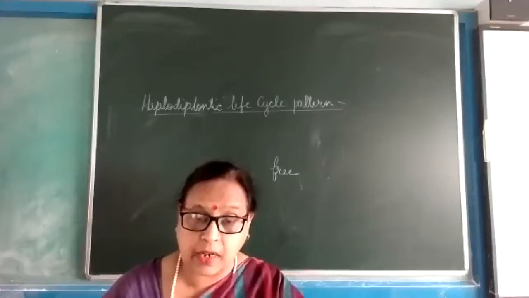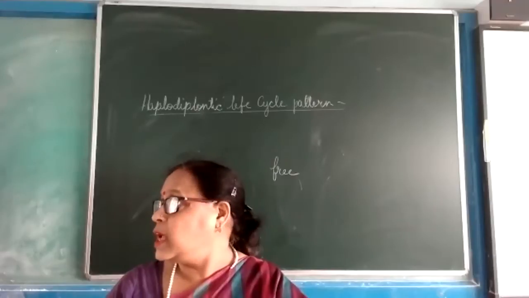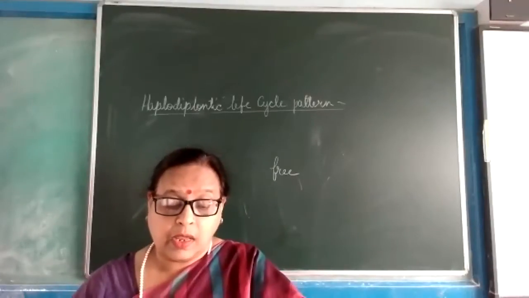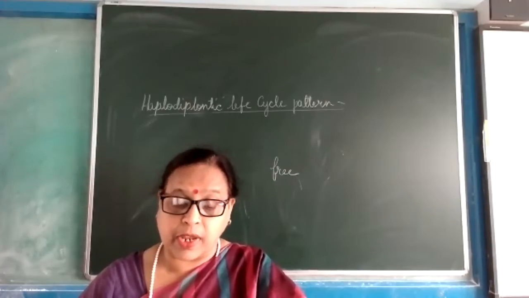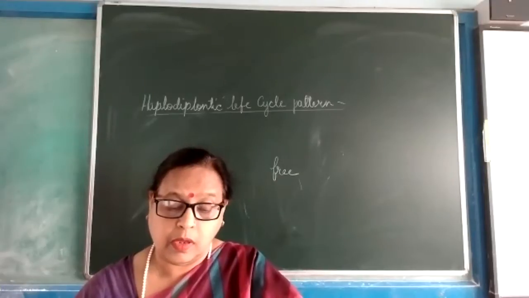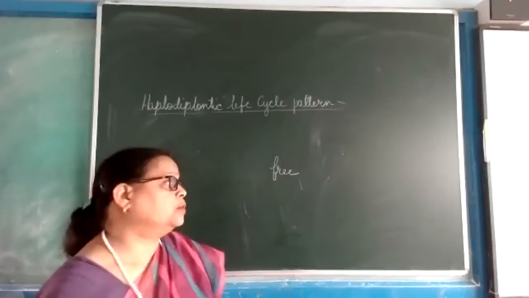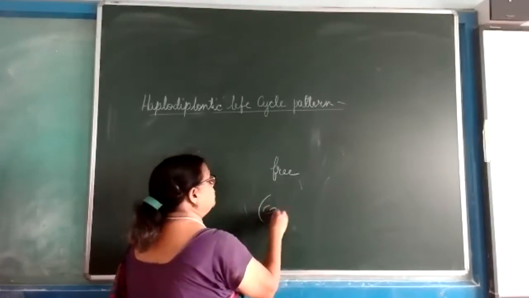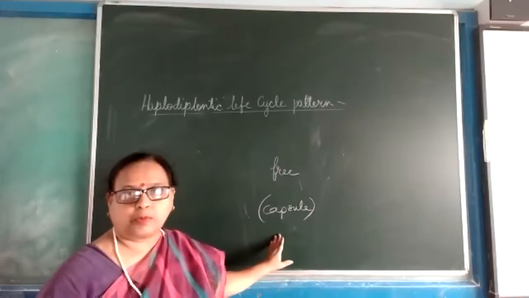In bryophytes, the dominant photosynthetic thalloid plant body represents the haploid gametophytic phase. Sporophyte, in bracket capsule. In bryophyte, the sporophyte is what?